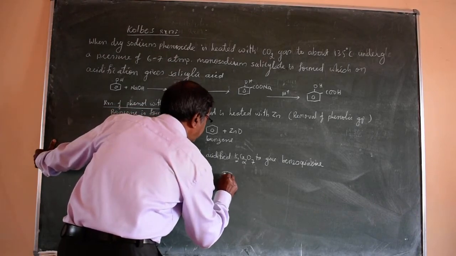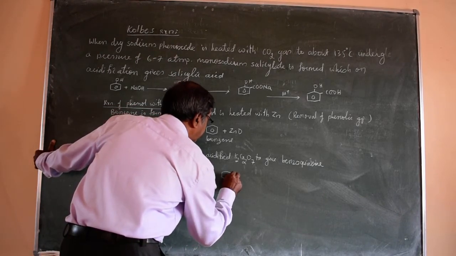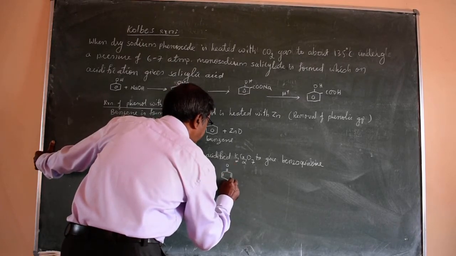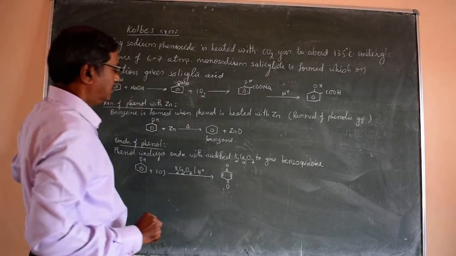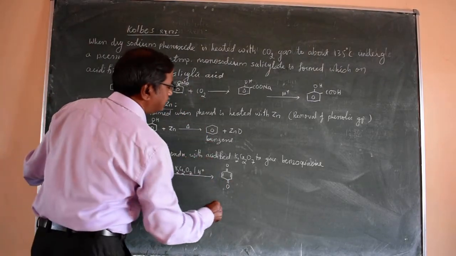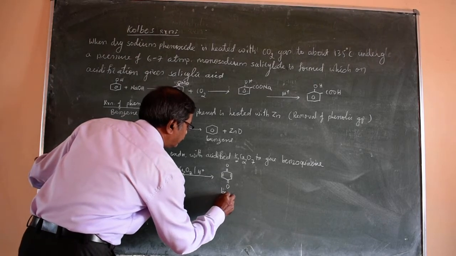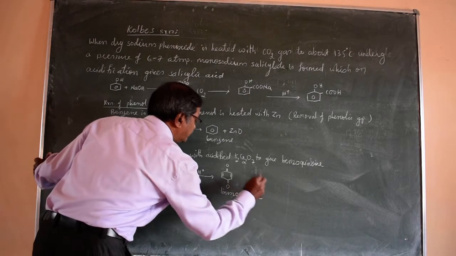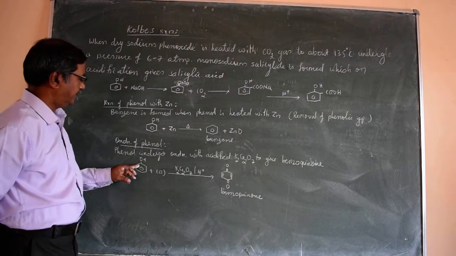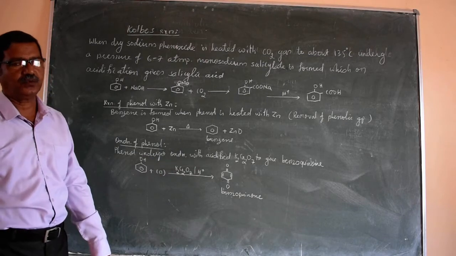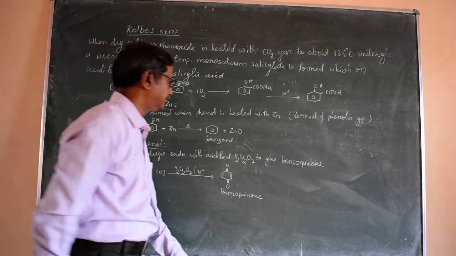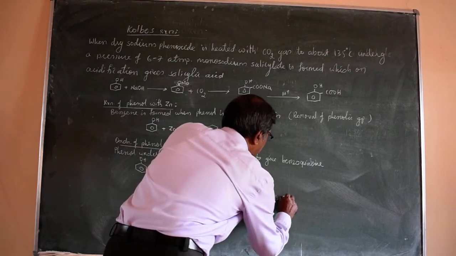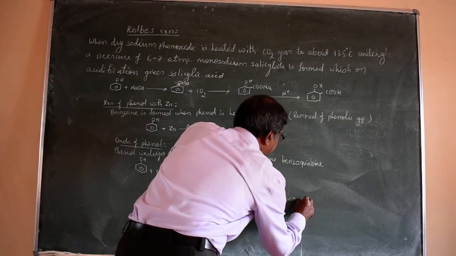So with acidified potassium dichromate, the product is this one with double bond O, double bond O, benzoquinone. Benzoquinone is the product. It is brown in color.